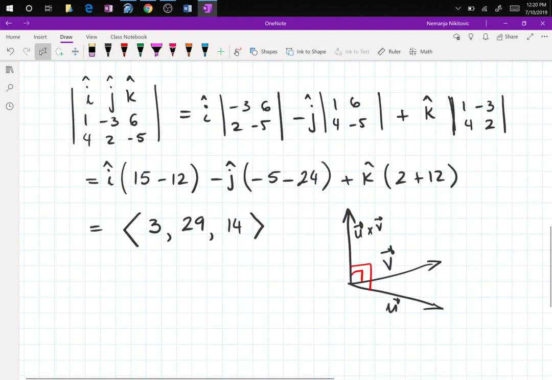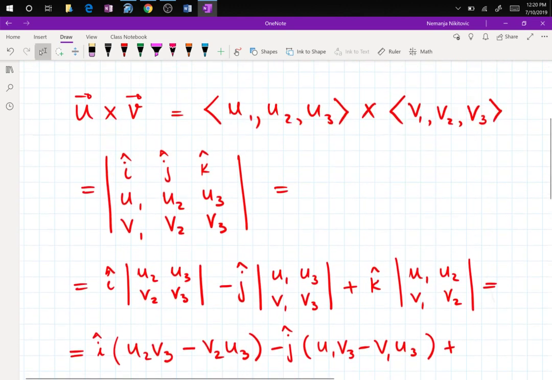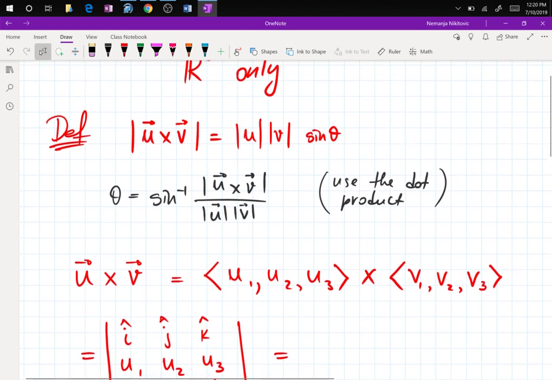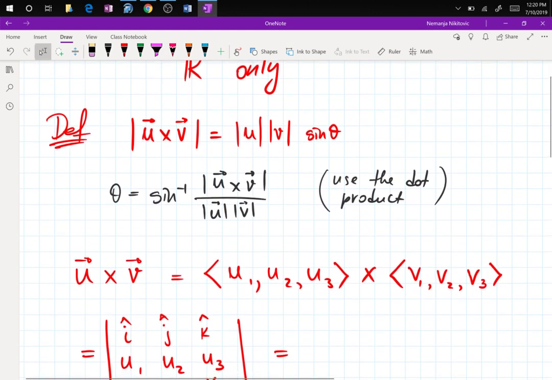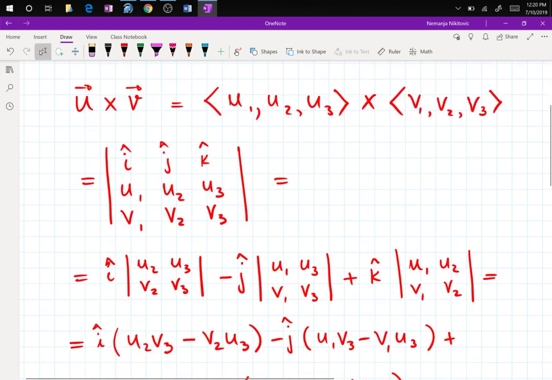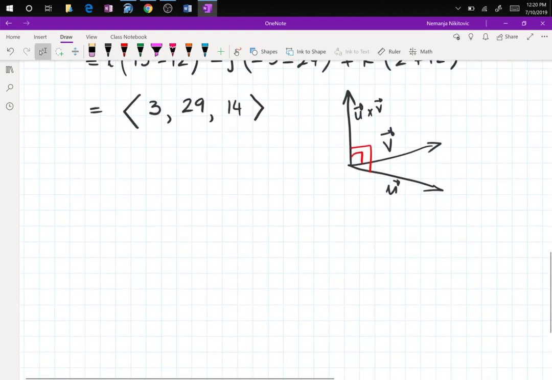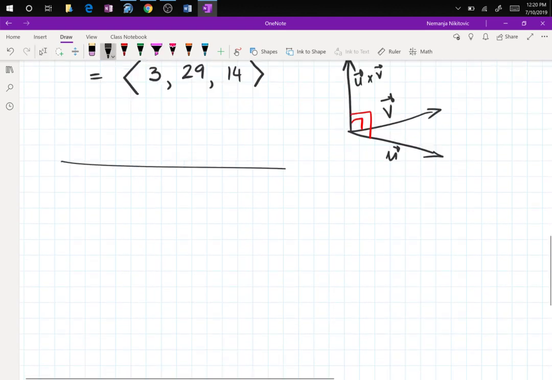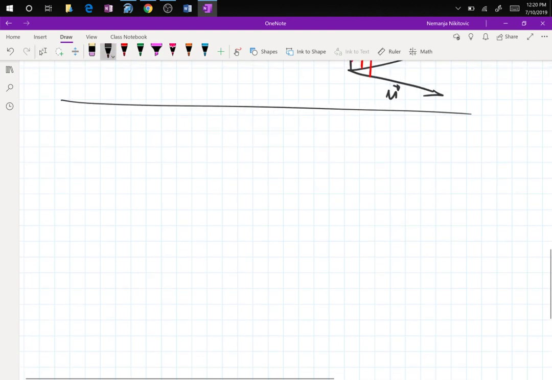Because if you take a look at the definition, it contains the sine of the angle between vectors u and v. So this is now a new concept: if you have vector u and vector v parallel like this, then the cross product between them is 0, because the 2 vectors are parallel.